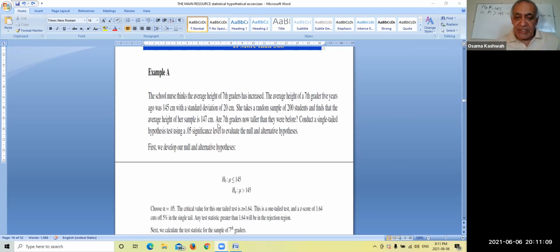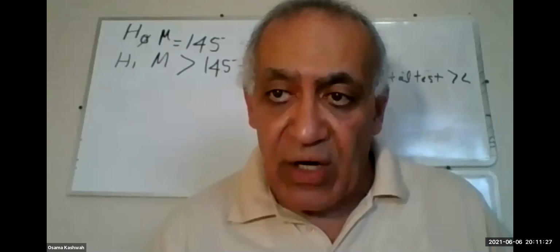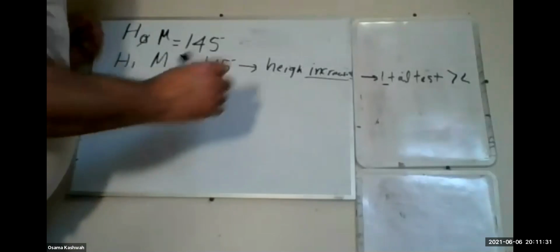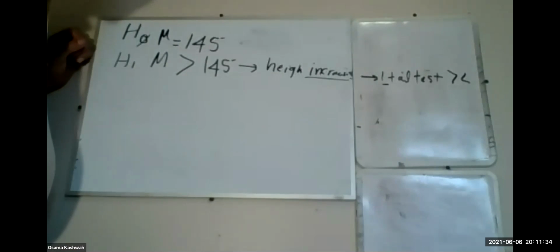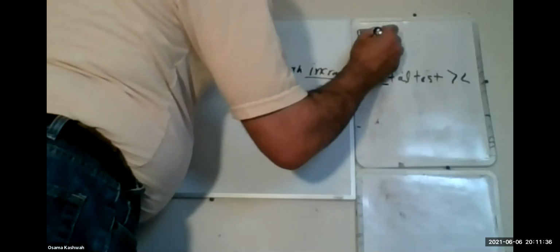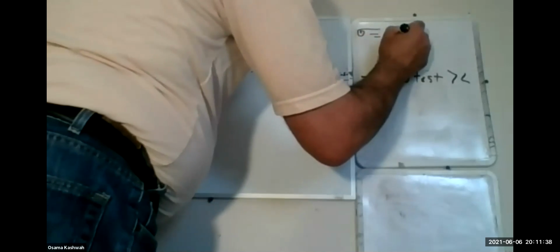The average height of the 7th graders 5 years ago was 145 centimeters with a standard deviation of 20 centimeters. Wait a minute, I have the standard deviation of the population here. We signal the standard deviation with the letter sigma. So sigma equals 20.